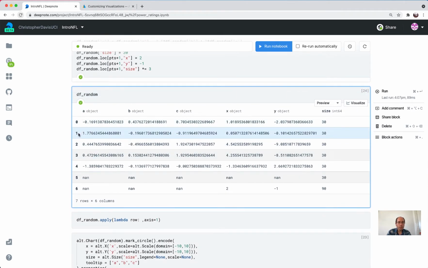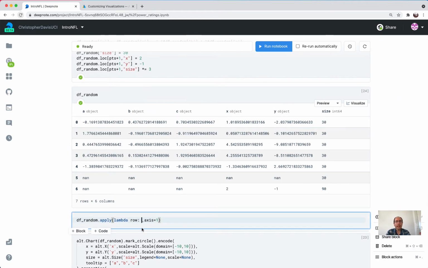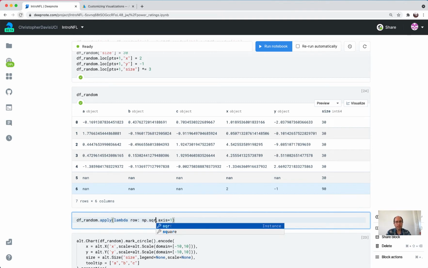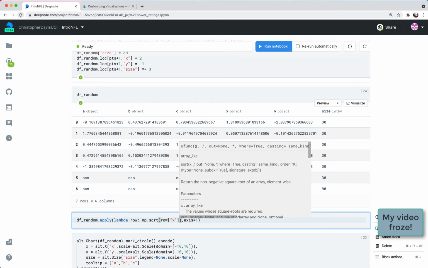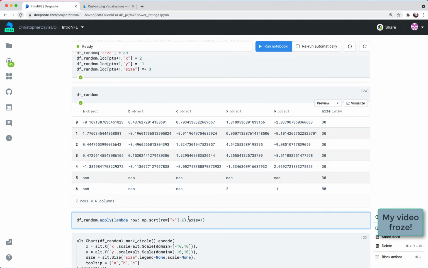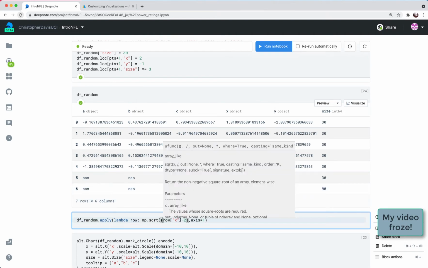So the input is going to be a row like this. And then I want to know how far is that point, so the x and the y of that point, from our target value of 2 and -1. So the formula for distance is square root of the square of the distance between the x's. So I can say row bracket x, and then I'm trying to get to 2, -1, so that's why I have this -2.